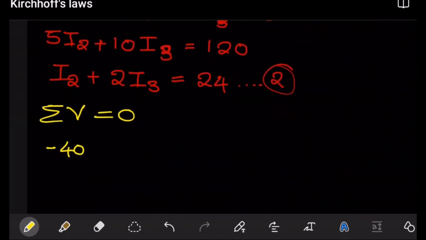If the current through that resistor and our loop were in the same direction, we would have taken the drop through the resistor as a negative. But in this case, we'll take it as a positive value. So this is going to be the resistance, 8 ohms, multiplying the current passing through it, which is I1.